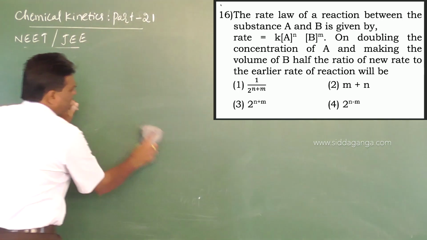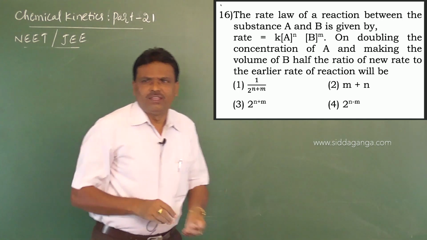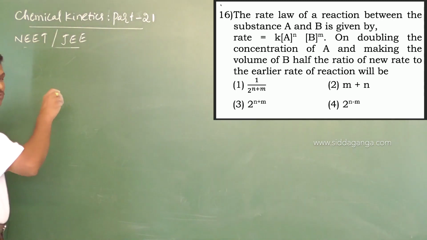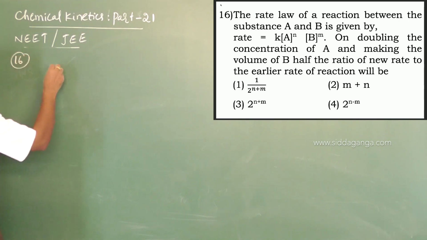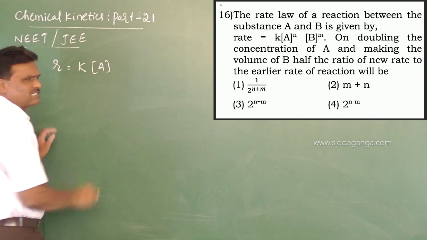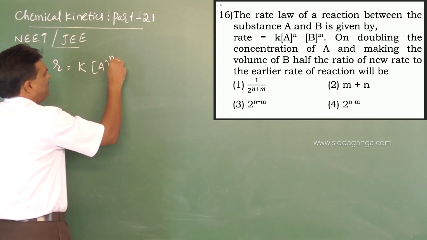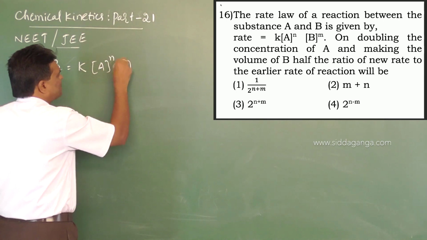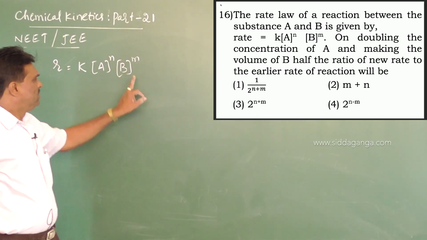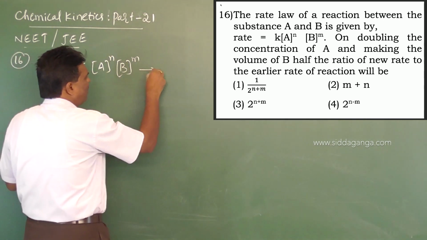So rate law is given: R is equal to K into molar concentration of A power n into molar concentration of B power m. This is equation 1.